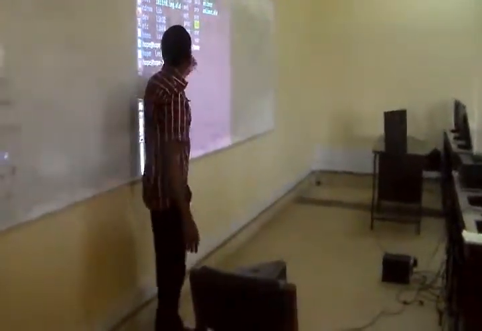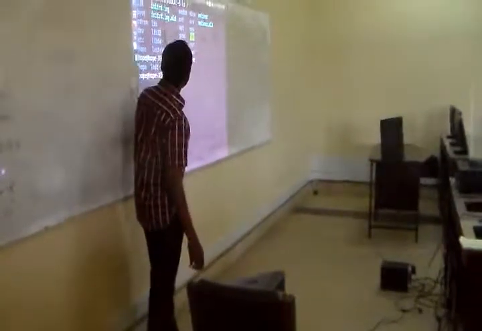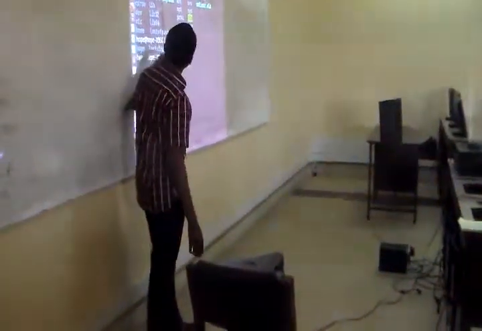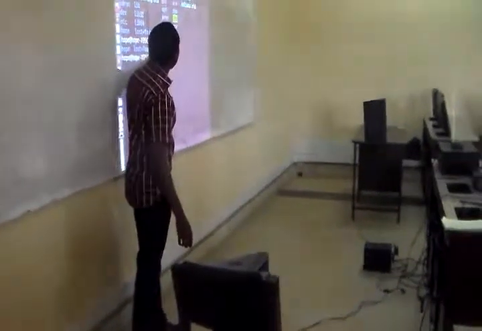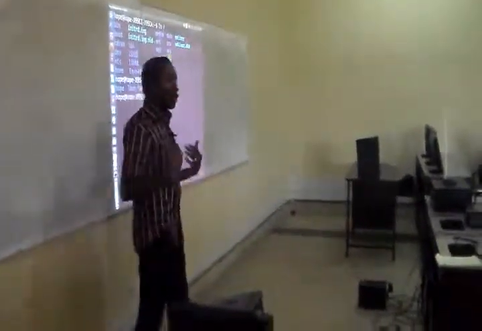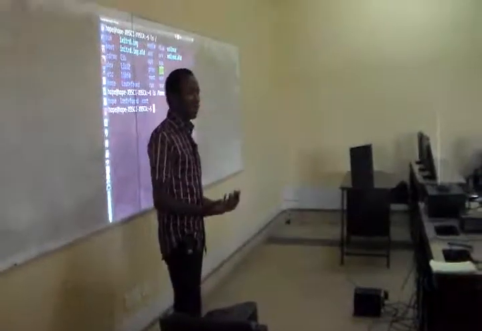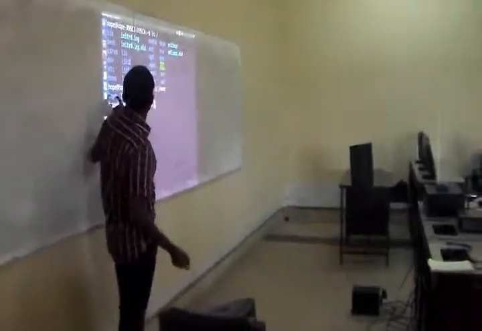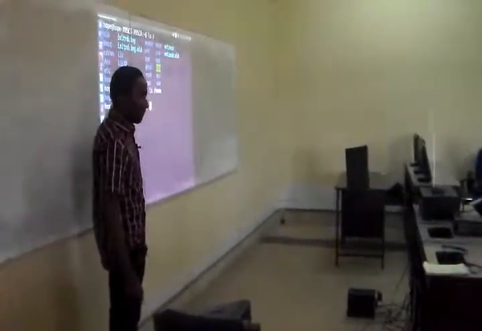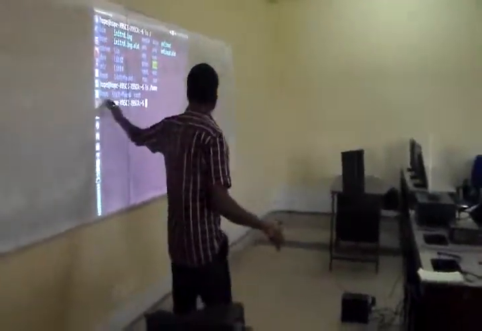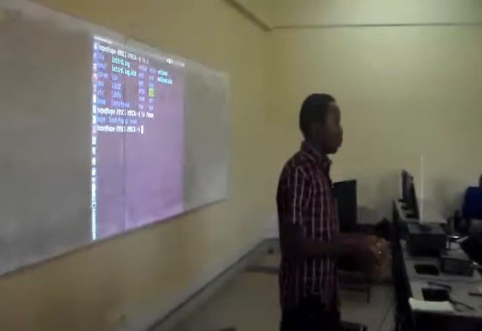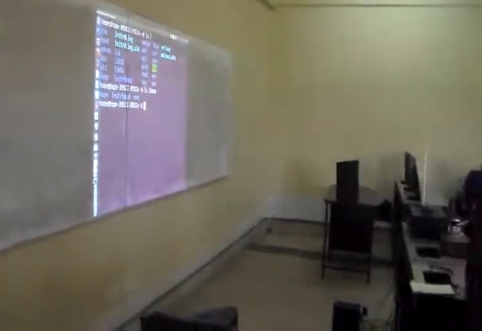So you do ls and then home. It will show you the list of users or the list of directories which you can enter into. When I log into my machine, I log in as well, right? So it takes me straight to this folder. Then you move from this folder to anywhere else you want to go, depending on your privileges.